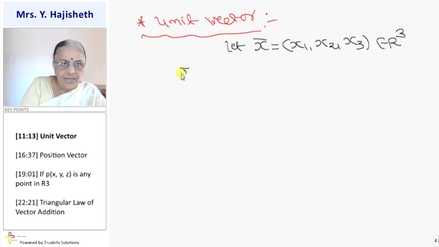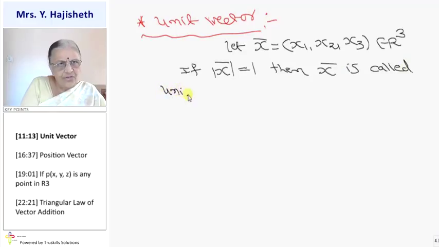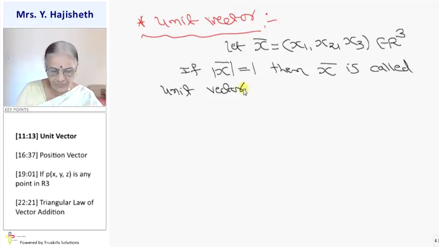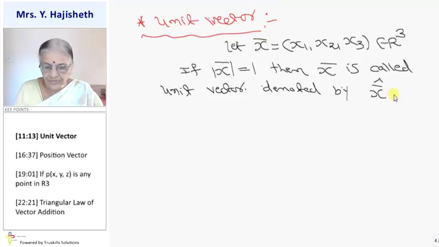If the magnitude of any vector x, whether it is in R cube or R square, is 1, then that vector is called a unit vector. Every unit vector has magnitude 1. So how do they differ from each other? They differ by direction. A unit vector always represents the direction of a vector, and it is denoted by putting a cap on x, x cap. Clear?